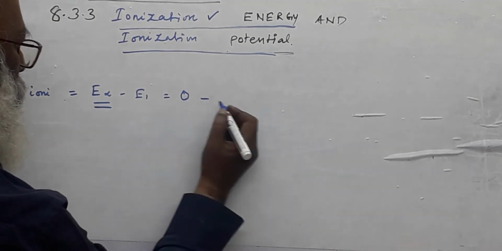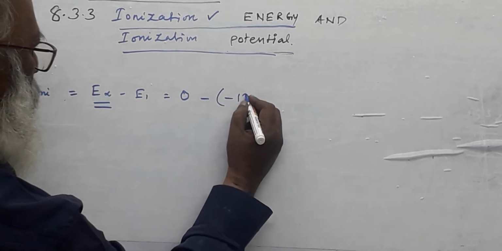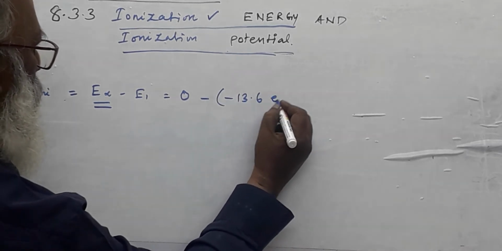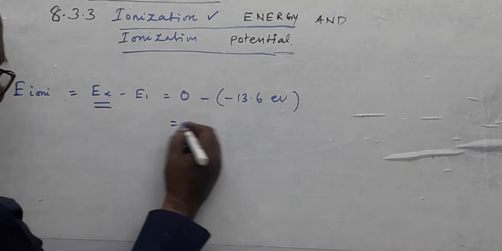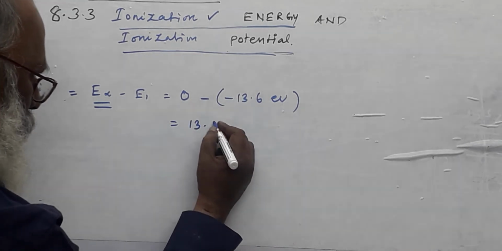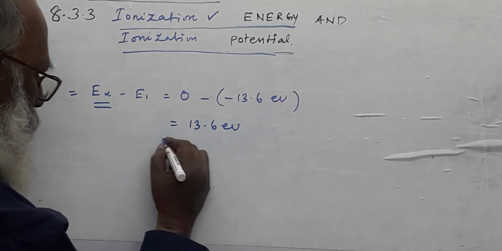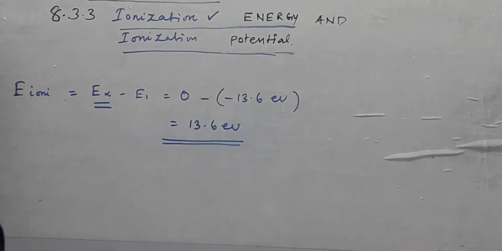Whereas E1 is minus 13.6 electron volt. Therefore, the ionization energy is minus into minus, which is plus 13.6 electron volt. This is called ionization energy.